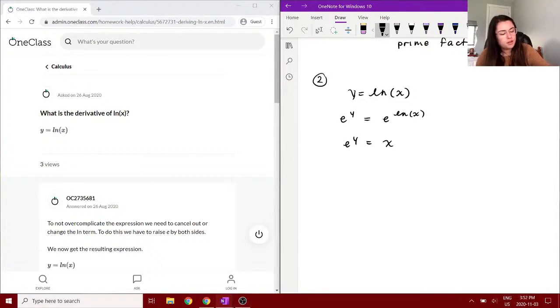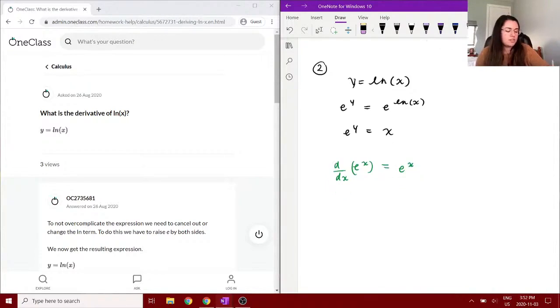All right, I'll just write the rule here. We know that the derivative of an exponential to the exponent y, actually, in this case, I'm going to write to the exponent x because I'm taking the derivative with respect to x, is just itself.